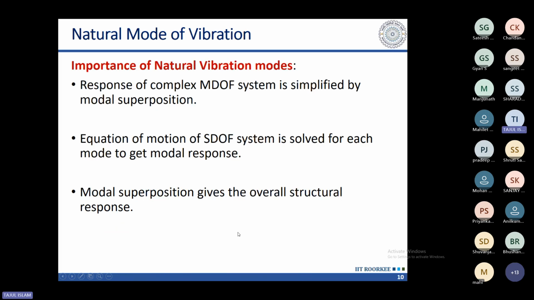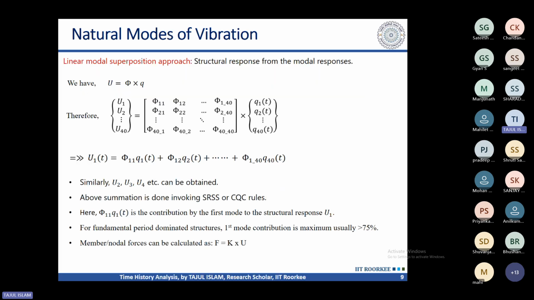So now, if we understand the mode shapes and time periods, let us also understand their importance. The response of a complex multi-degree of freedom system is simplified by modal superposition. What it means is this deformation vector is a complex phenomenon.